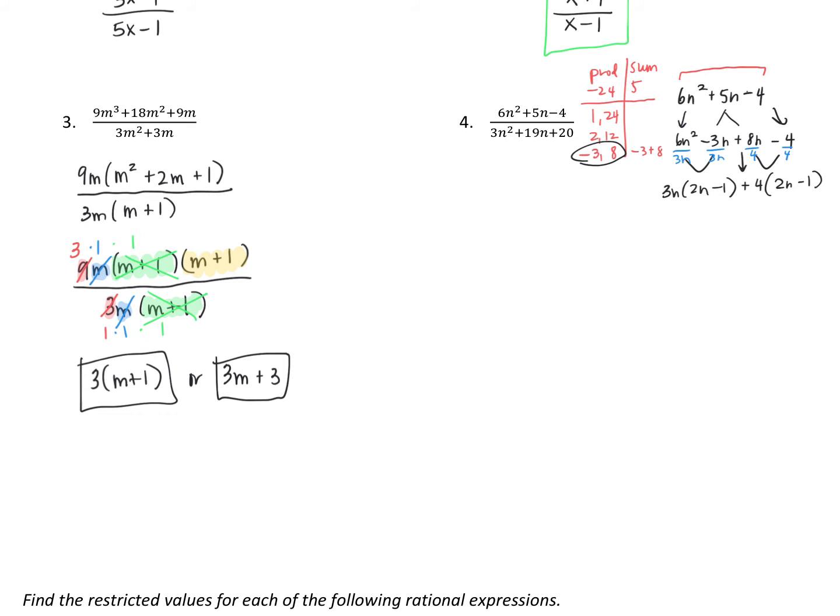When you're doing this factor by grouping technique, the things that you get in parentheses should match, and they do, so that's a good sign. That means it's factorable. So my numerator factors into 2n minus 1 times 3n plus 4.